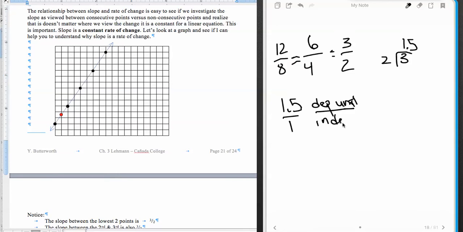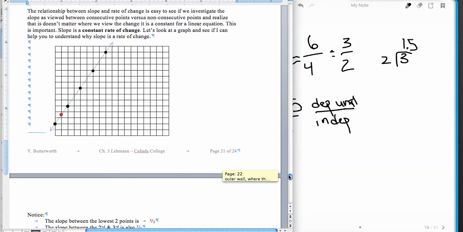So over here on the graph, we'd rise 1.5 and we'd go over 1, and you see that smack dab on that line. So the idea of a rate of change is just for 1 unit increments on our x-axis, rather than being consistent x's and y's. We're only looking at just the x's.